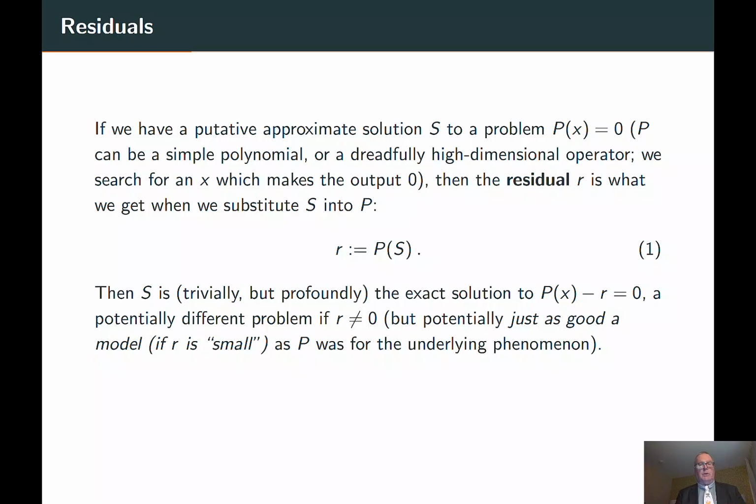Then the residual is what we get when we substitute our putative solution, S, into the problem, P. So R is P of S. Then S is trivially but profoundly the exact solution of P of x minus R equals 0. So a potentially different problem if R is not 0, but potentially just as good a model if R is small as P was for whatever the underlying phenomenon you had. So that's one kind of backward error, just a simple residual. And we'll see another kind, structured backward error.